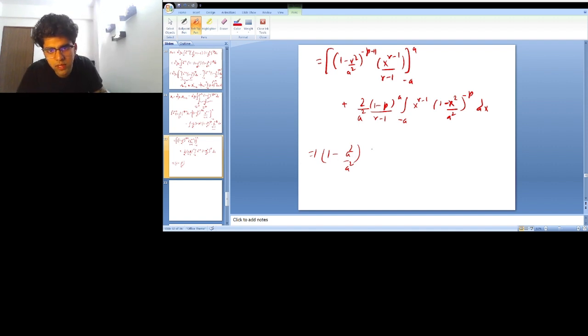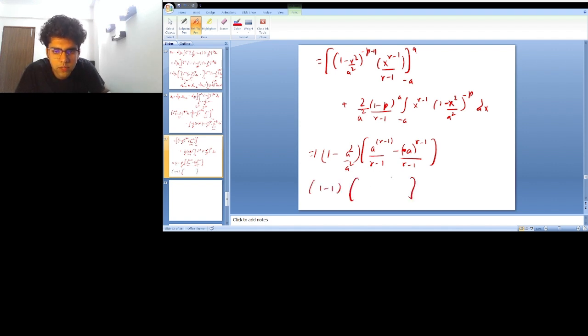So minus a square upon minus a square comes out, and this will give me a to the power r minus 1 upon r minus 1 and minus a to the power r minus 1 upon r minus 1. Now we know that this is 1 minus 1 into this whole expression, right? So this is equal to 0. 1 minus 1 is 0. So the first term is 0.